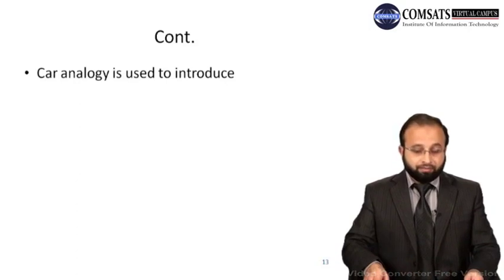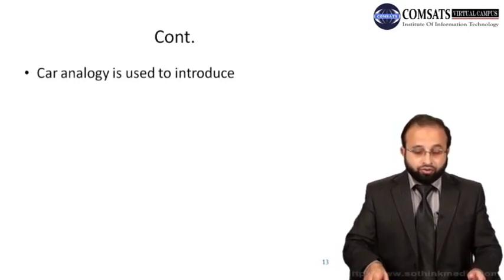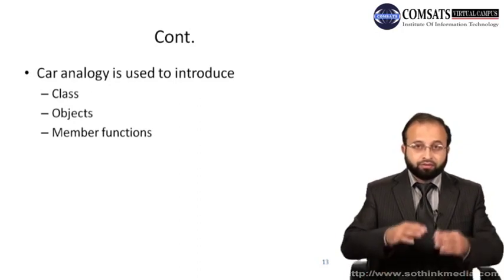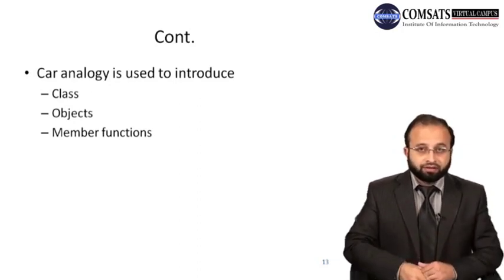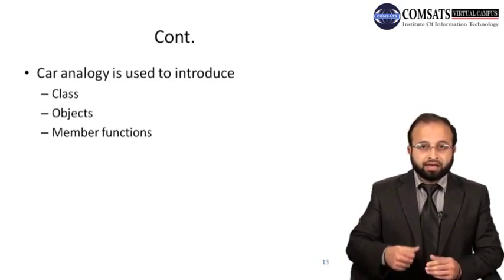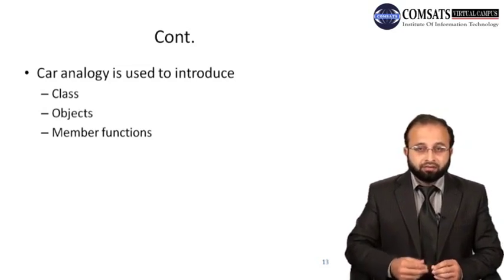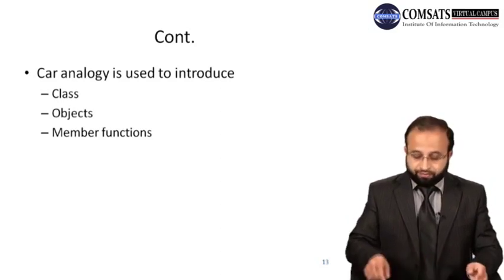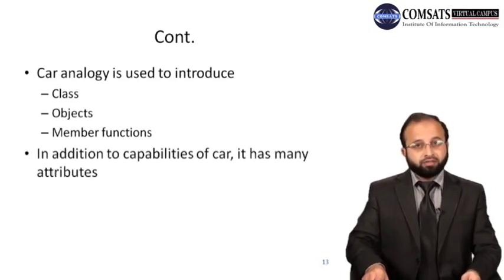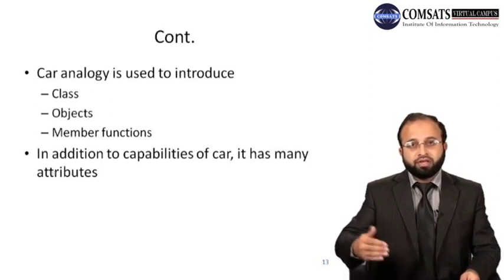Now we can see a car analogy is used to introduce classes, objects, and member functions. In the case of a car, the member functions are pressing the accelerator pedal, the brake pedal, the steering wheel, and the transmission shift. These are the member functions of a car. We can say these are the capabilities of the car. A car is capable of doing these things.